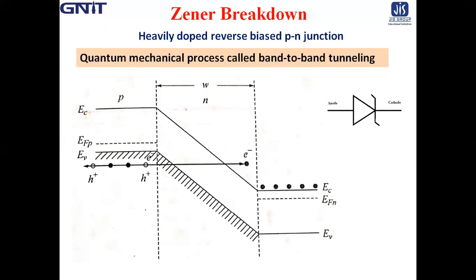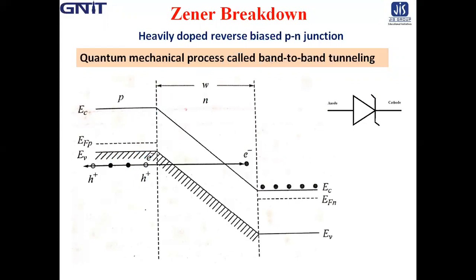Electrons may tunnel directly from occupied or filled states in the valence band of the p-type material into empty or unoccupied states of the conduction band of the n-type material through a narrow barrier of width, say W, separating the two bands.